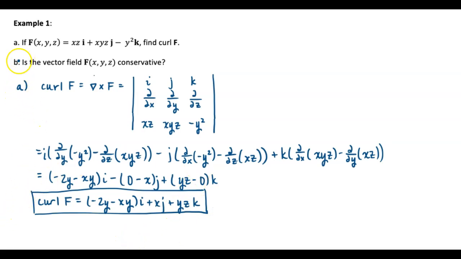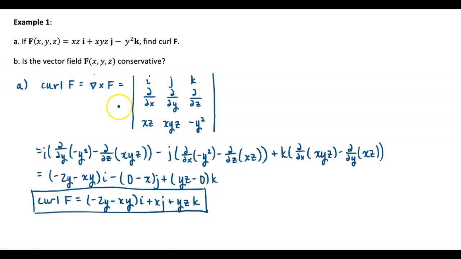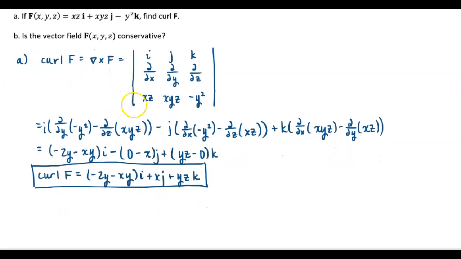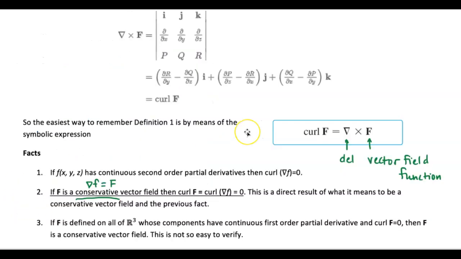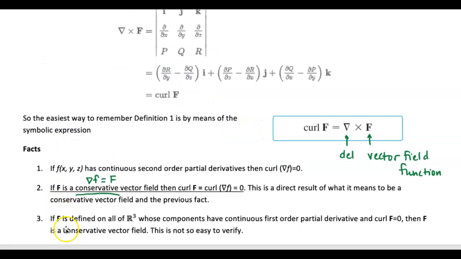And so in section B, we're asked if the vector field is conservative. Let's refer back to our notes. If the curl of f is equal to 0, then f is a conservative vector field.